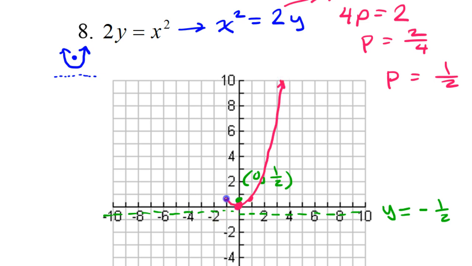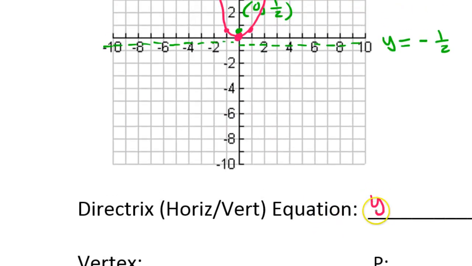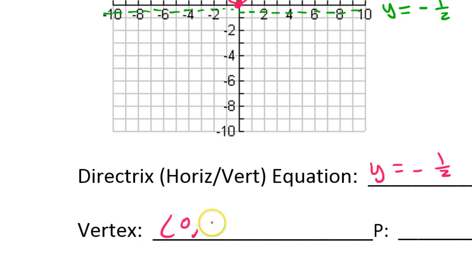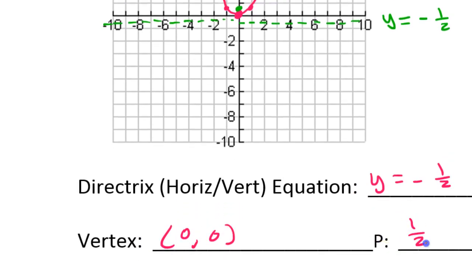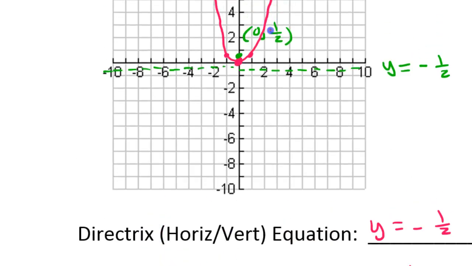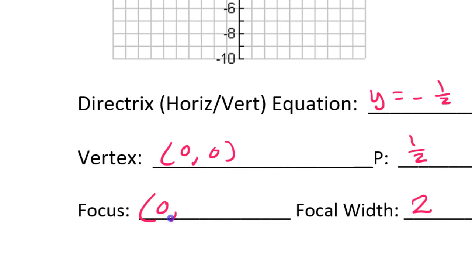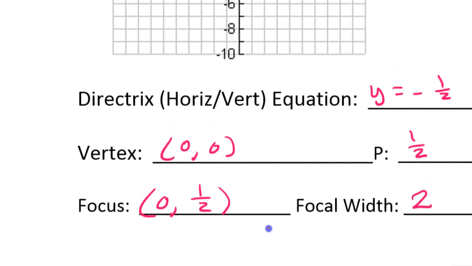All right, we're just going to use these 3 points that we've got and make the best of it. Okay, and that's it. Let's write everything down that we have. So the directrix was y equals negative 1/2. The vertex was 0, 0. The p-value was 1/2. The focus was 0, 1/2. And that's it.